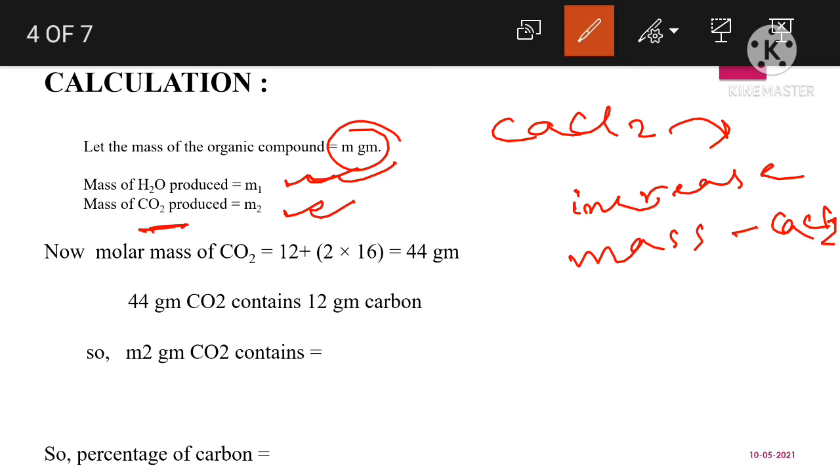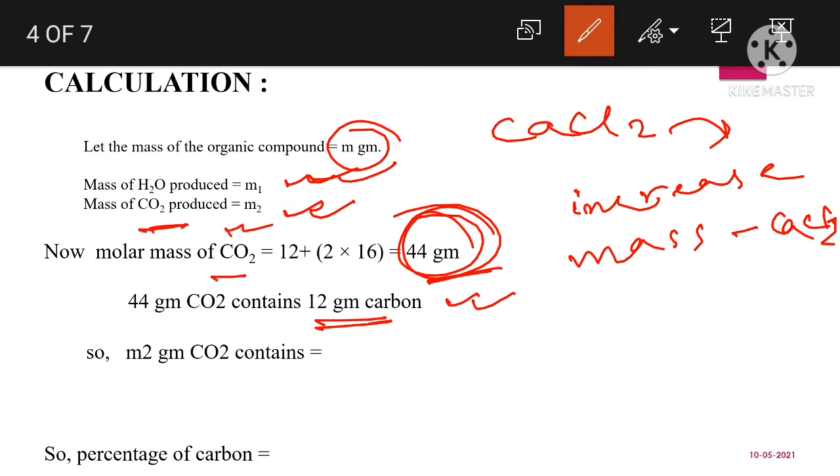Now the molar mass of carbon dioxide is 44 gram. Carbon has 12 and oxygen has 16, so 2 into 16 is 32, and we get 44 gram. So 44 gram carbon dioxide contains 12 gram of carbon. There is one carbon, so 12 gram of carbon is present.